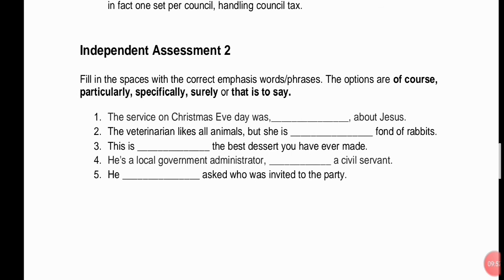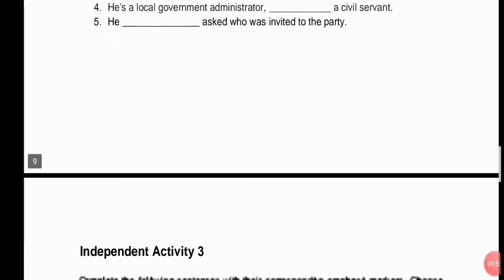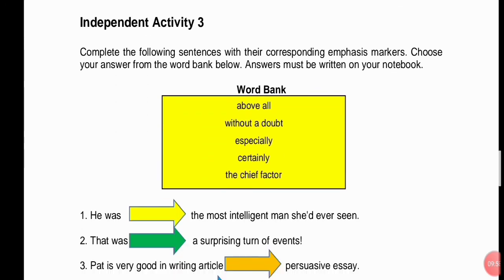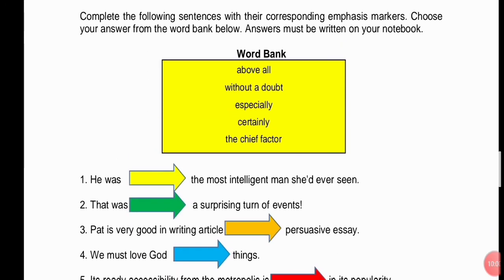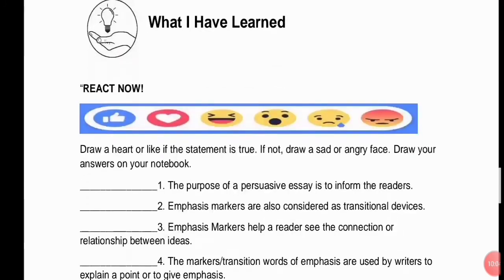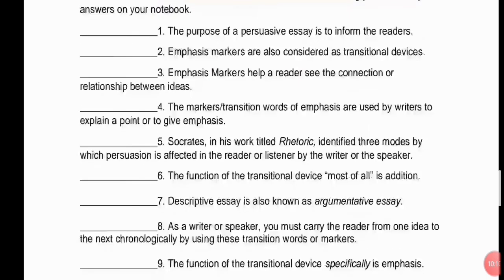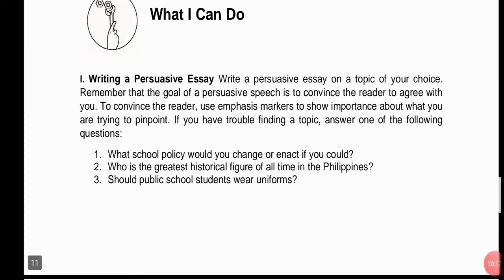But you don't need to submit it at all because, as mentioned earlier, what you will answer only is your summative test. But you can use this as a reviewer because your next summative test, week 4 is included. Okay?